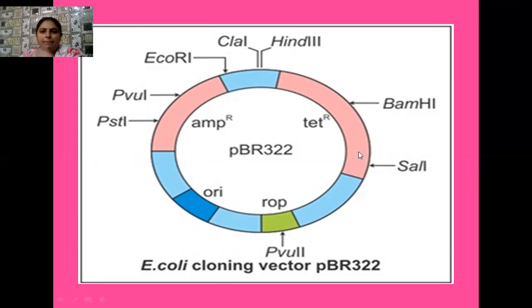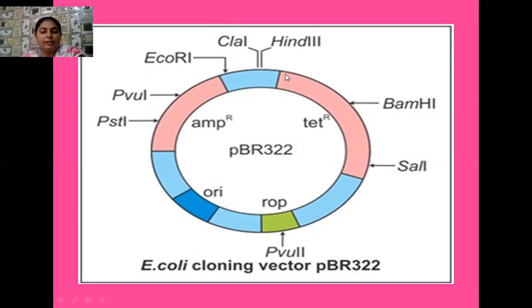This tetracycline resistance gene is already present in the vector pBR322. Now, if we add some insert in this plasmid vector and put it over this BamHI site, then it nullifies the activity shown by the tetracycline antibiotic resistance gene.